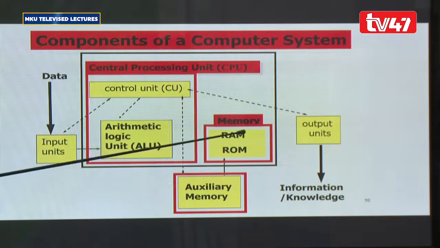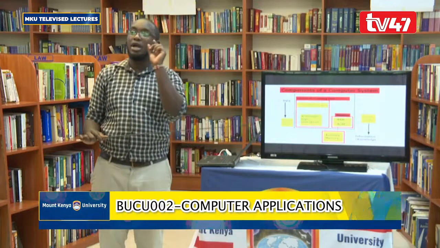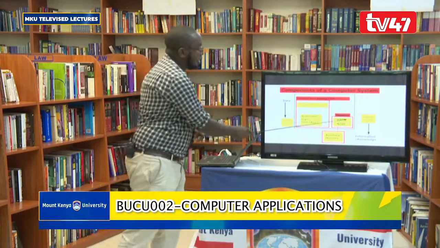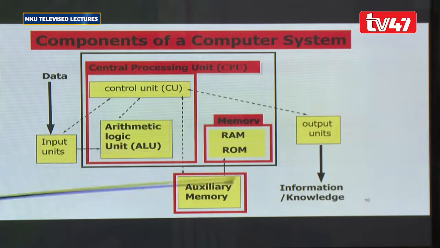The read-only memory is used to hold an instruction, and when you talk about an instruction, we are talking about a software or a program, right? So any information, before it is executed, is held, or given, at the random access memory. So the bigger the random access memory, the faster the computer will be.